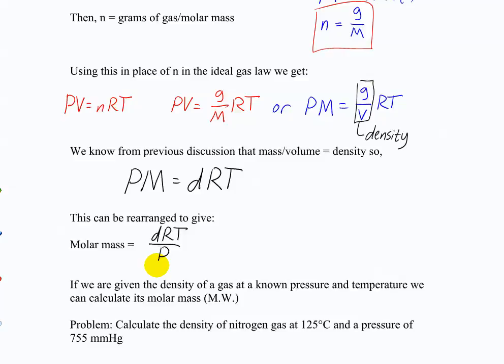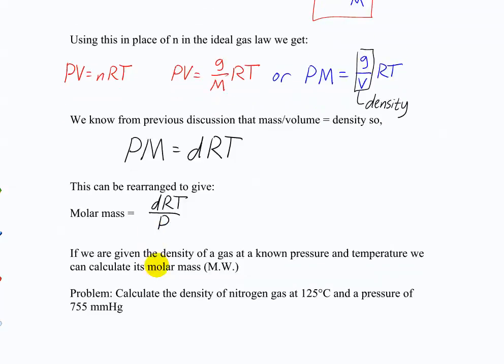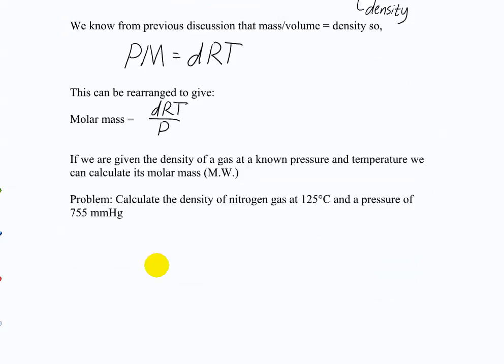So nothing fancy there, just rearranging, doing some algebra, moving some stuff around. But what we find then is if you know the density of a gas, which you can measure, and you know the pressure and temperature, you can calculate the molar mass or the molecular weight. So let's try one. You can also do it the other way, of course, right?